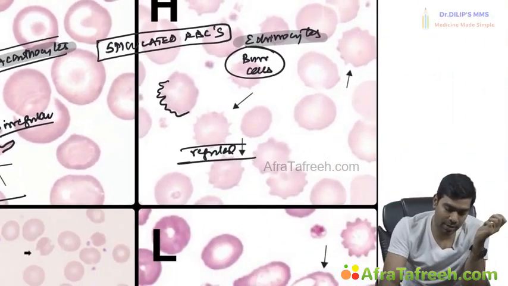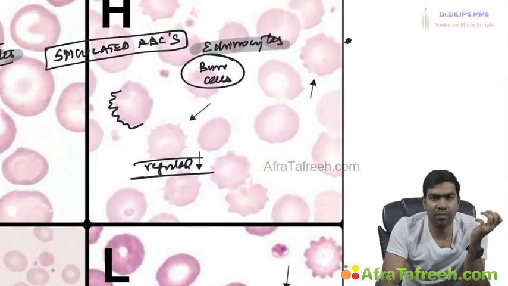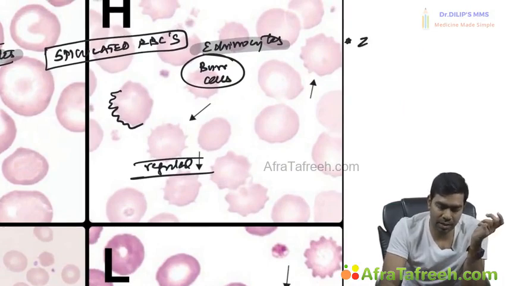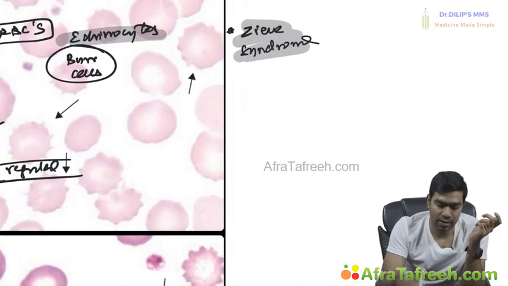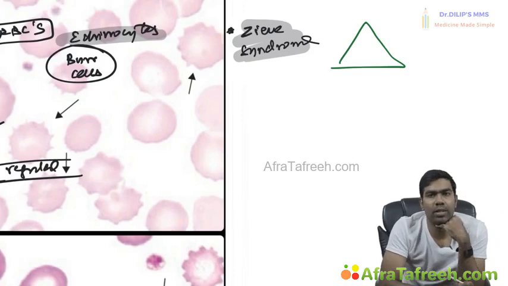Similarly, the characteristic example where you see echinocytes is in Zieve syndrome. Again, this is an exam favorite. Everyone knows that Zieve syndrome is a typical triad. What is the triad of Zieve syndrome?